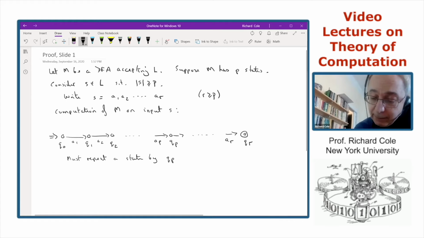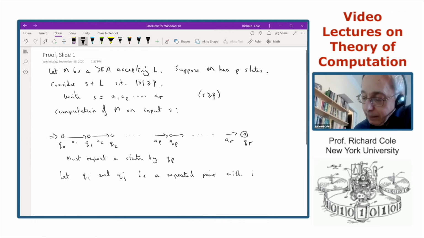And let Qi and Qj be a repeated pair, with i strictly less than j, less than or equal to P. There has to be such a pair.